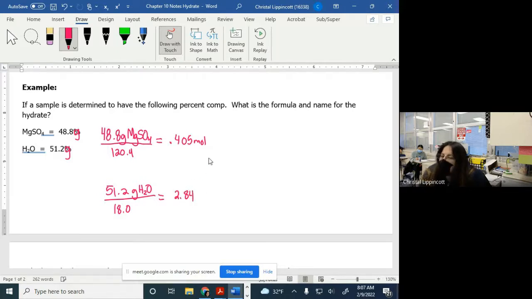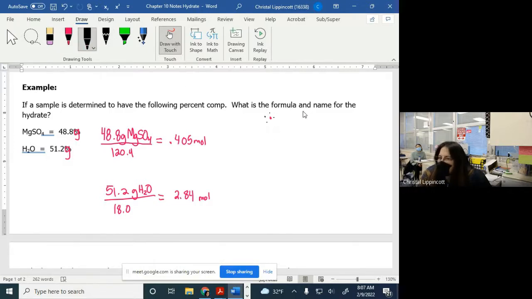Okay, so 2.84. Now, with these hydrate problems, the moles of water have to be greater than or equal to the crystal's moles. Because if you think about it, it's a crystal with water attached to it.